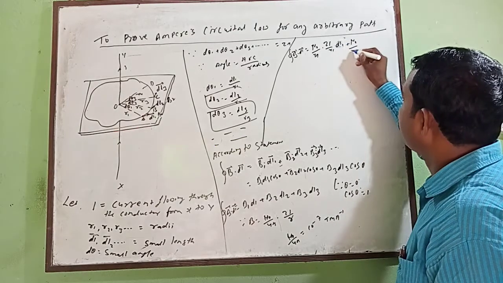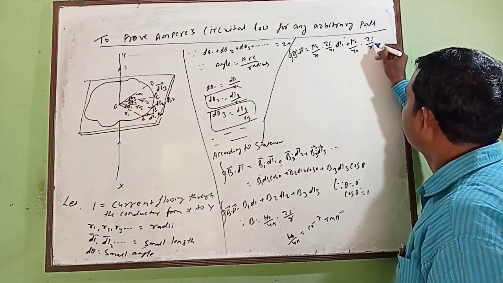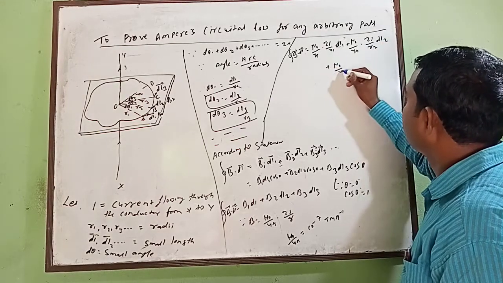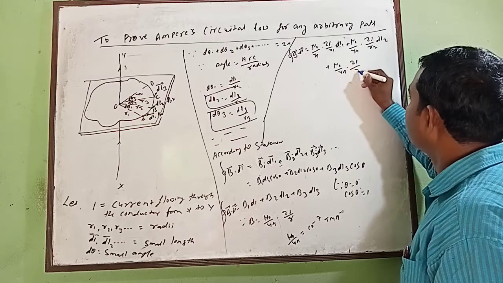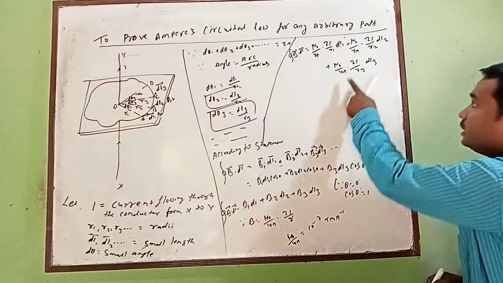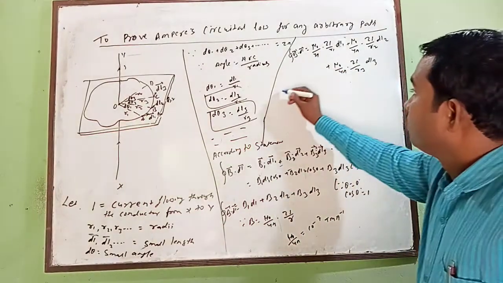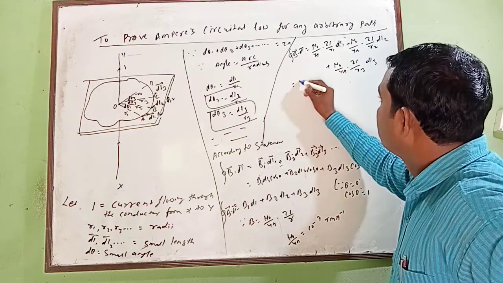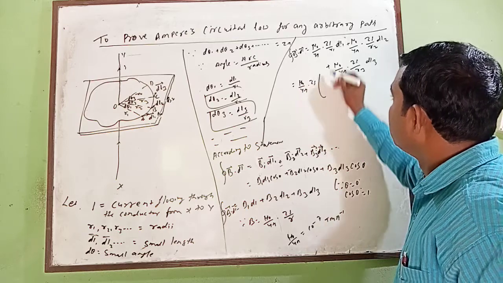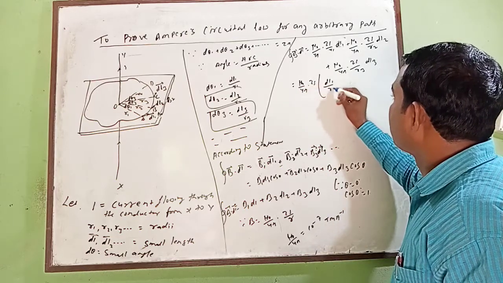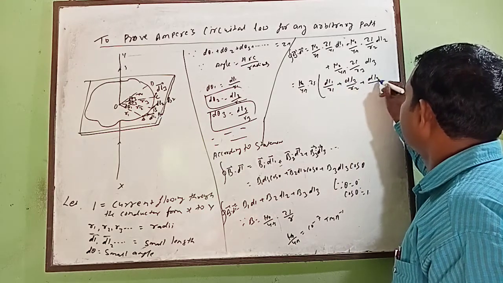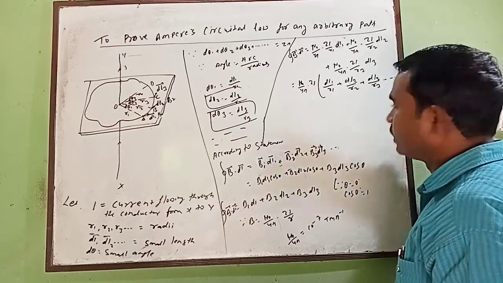Plus mu naught by 4 pi into 2I by r2 dl2, plus mu naught by 4 pi into 2I by r3 dl3. Now what will you take common here? You take common mu naught by 4 pi into 2I, then here is dl1 by r1 plus dl2 by r2 plus dl3 by r3, like that.